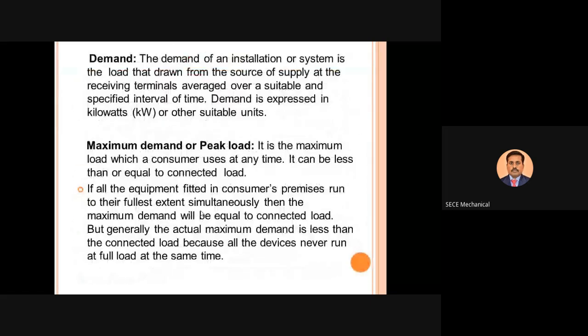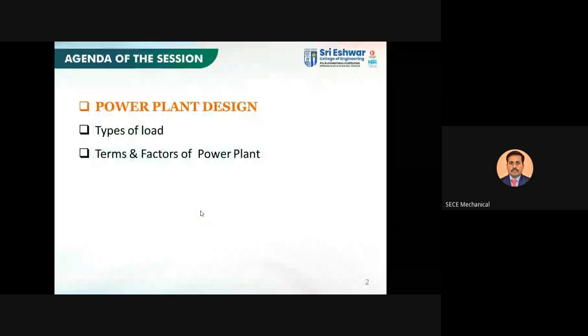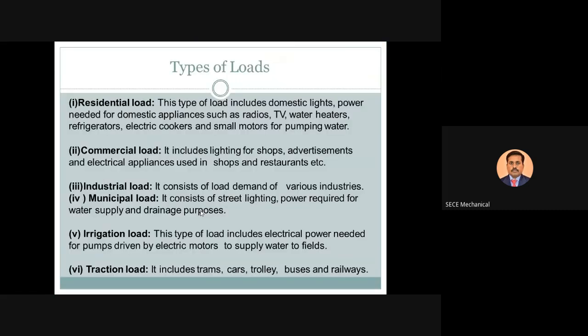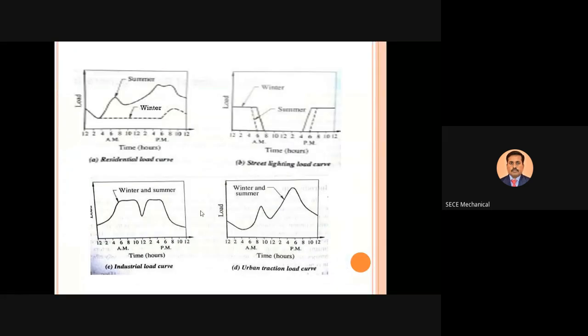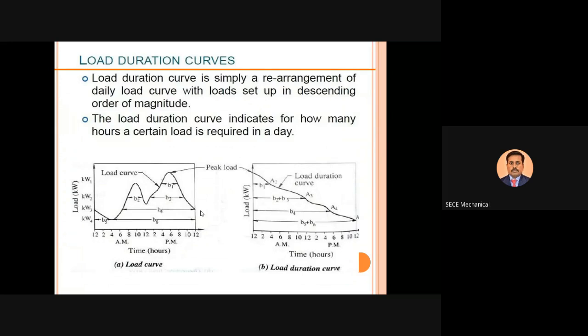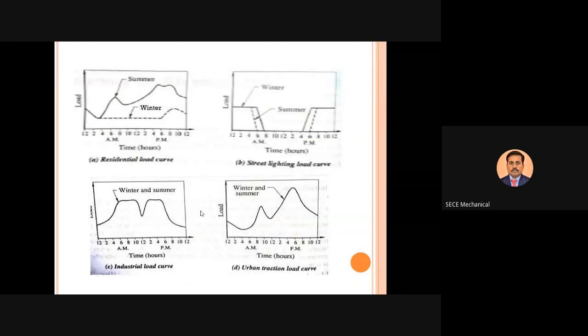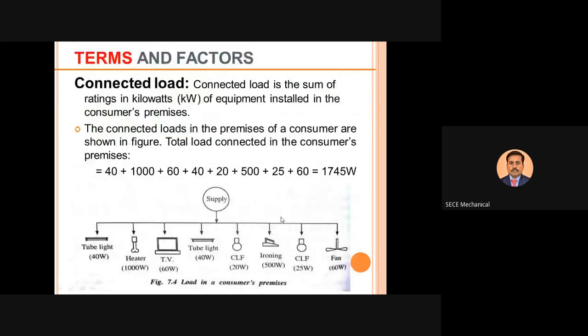So up to this we covered: what is meant by load? Load is nothing but the requirement of power. Based upon the requirement, it is classified into 6 different types. We discussed what is meant by load curve, and how we can draw the load curve based upon the time duration, and based upon that we can easily calculate the demand, the power supply, and the capacity of the power.